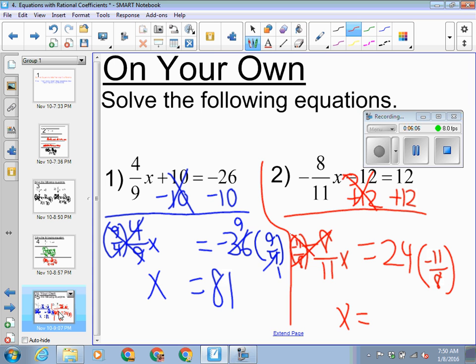Those cancel out. 24 and 8 can divide out to 3 and 1. 3 times negative 11 is negative 33. This concludes your lesson on solving multi-step equations with rational coefficients.